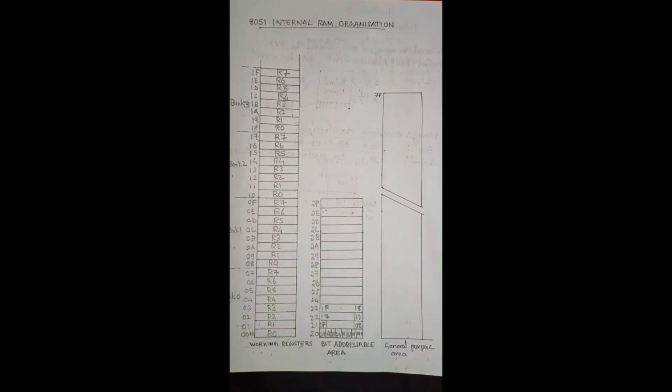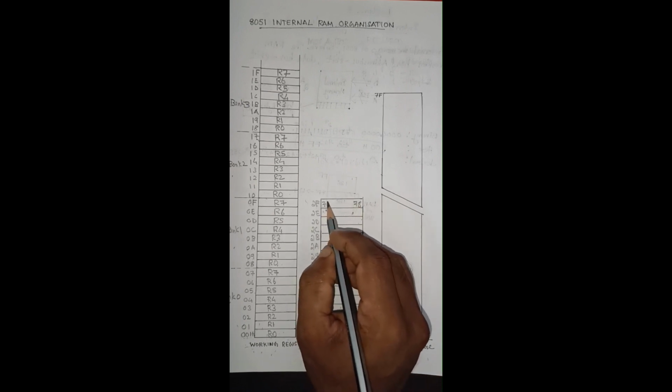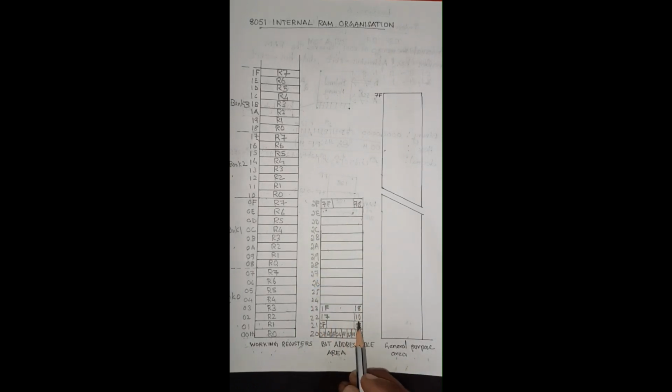Likewise, it will go up to 78 to 7F. I am not writing the entire address, I am only writing the end addresses. You can fill the remaining addresses like this only.